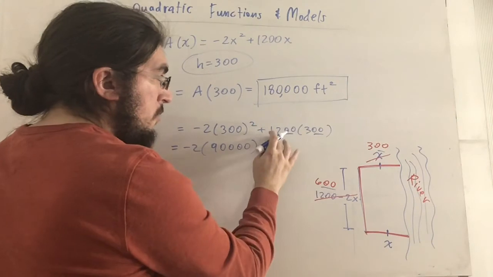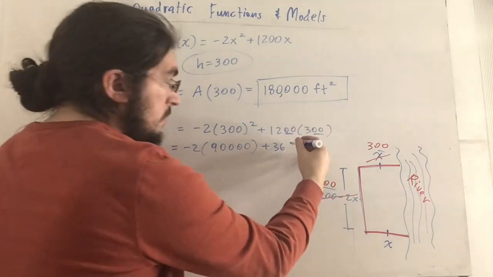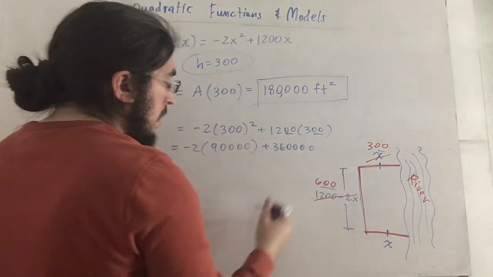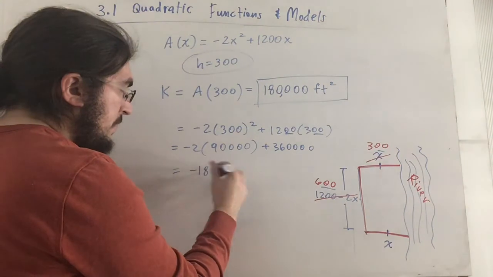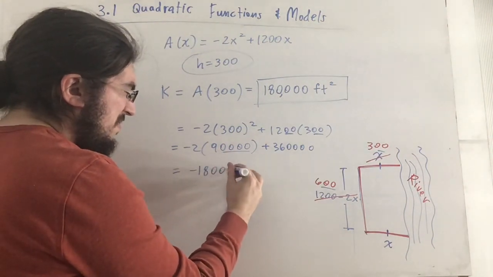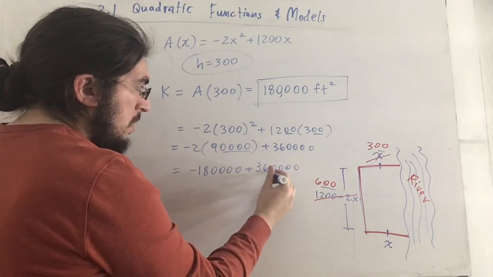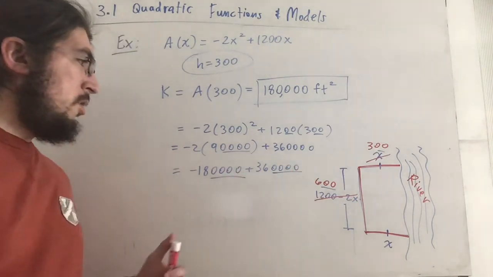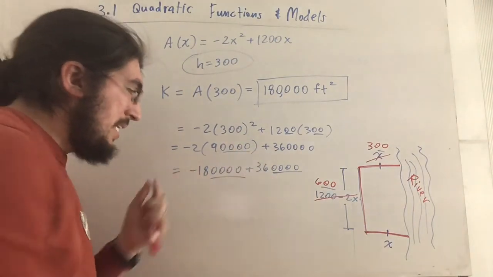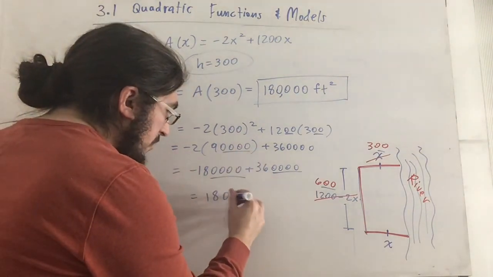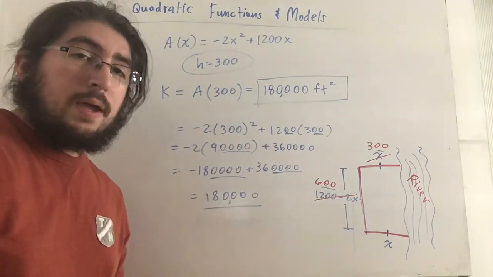Here, this is going to be 3 times 12, which is 36 with 4 zeros. Negative 2 times 9 is negative 18, again with 4 zeros, plus 36 with 4 zeros. So they have the same amount of zeros, so this is just 36 minus 18 with 4 zeros, which is exactly what I said it would be, just doing it a different way.